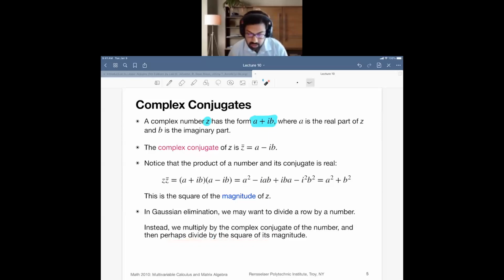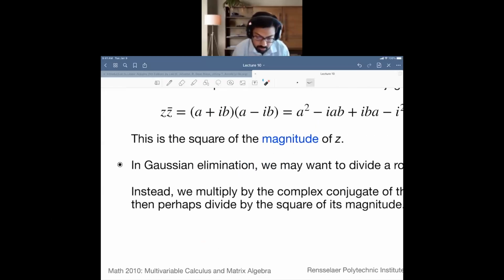Let's just try to see what that means. Suppose you have some complex number z that appears in your augmented matrix and you're trying to do some row reductions there. Now, instead of dividing by z, what you can do is multiply by z conjugate.